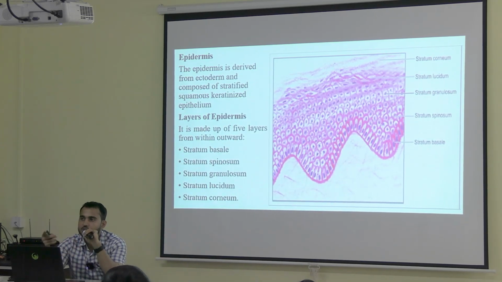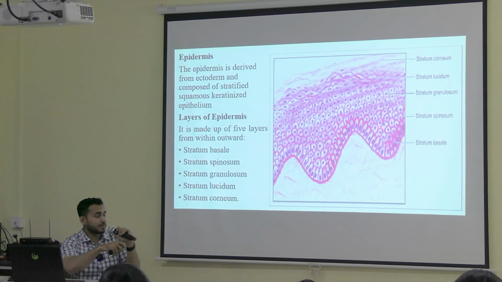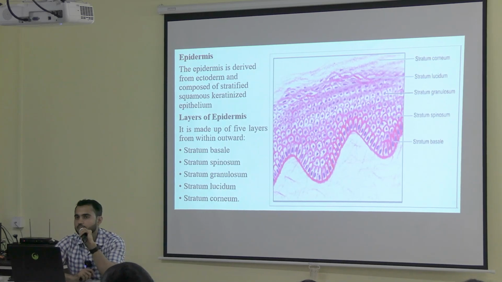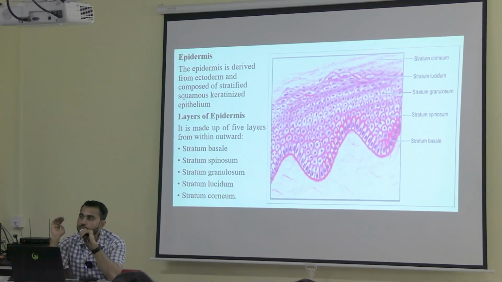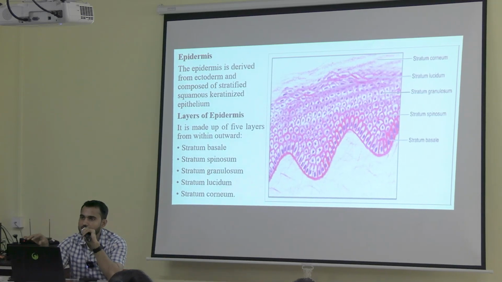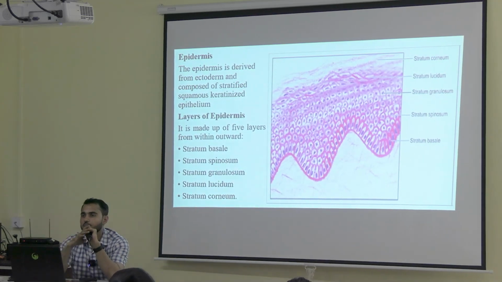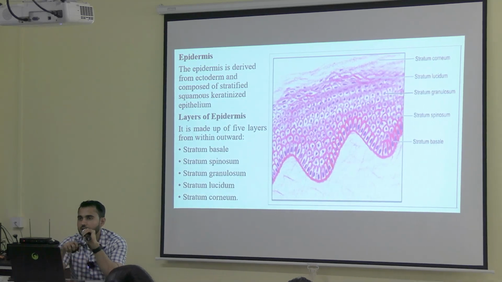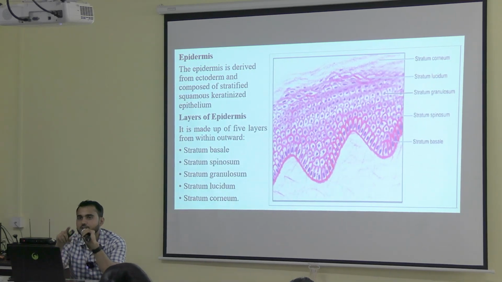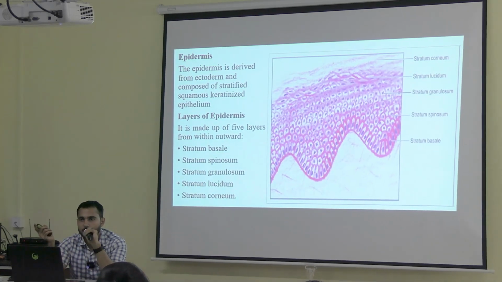In this layer, as you can see, mitosis occurs continuously. As a result, new cells are formed. If cells are shed off from the superficial layers, these cells will go and replace them. That's why this layer is also called stratum germinativum.